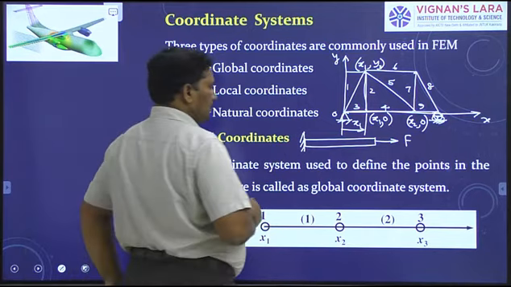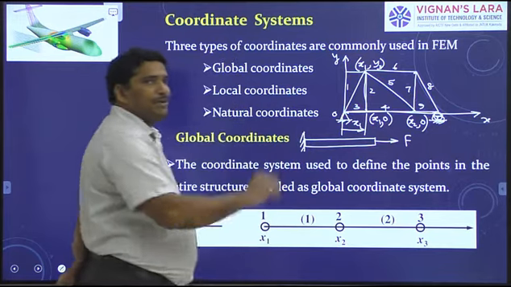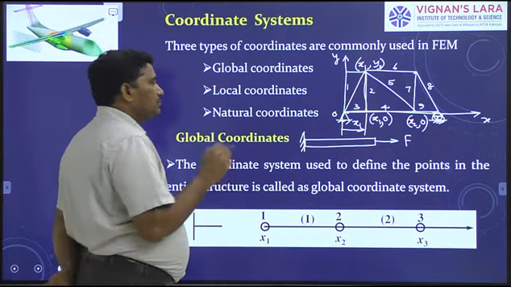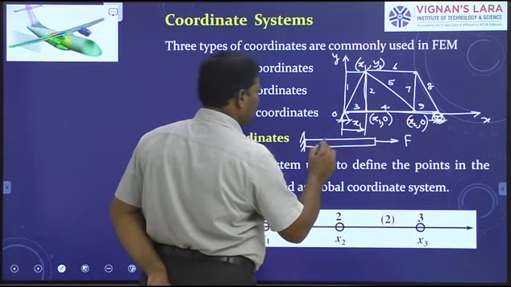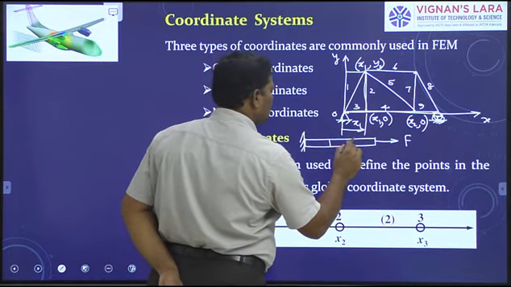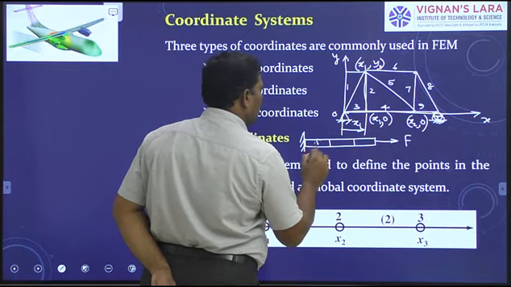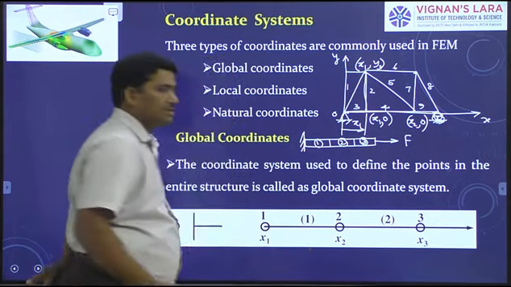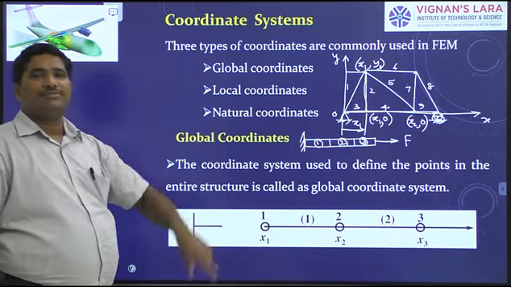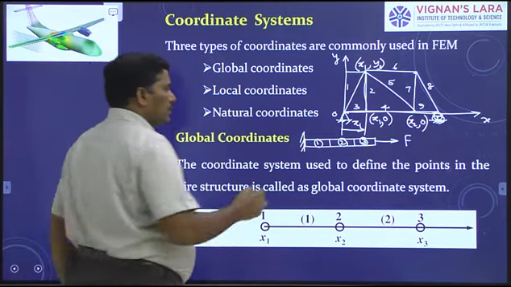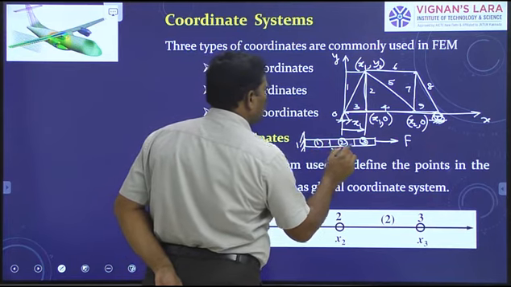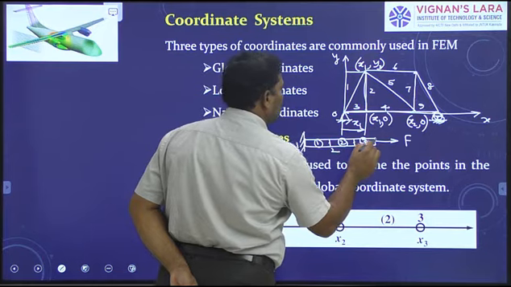Now, if you discretize this member into finite elements, I have 3 elements here. Say 1, 2 and 3 finite elements are there. What are the nodes? This is node 1, this is node 2, this is node 3 and this is node 4.